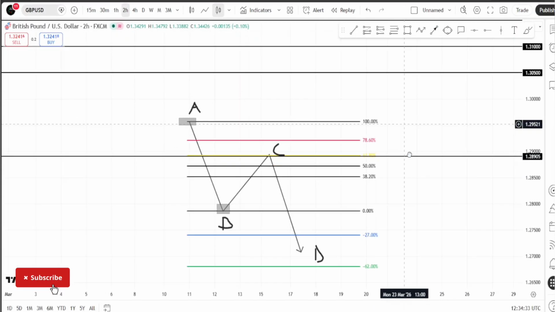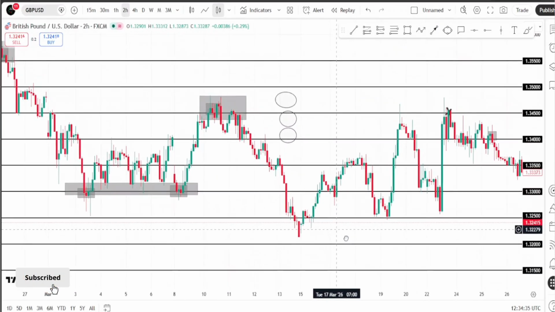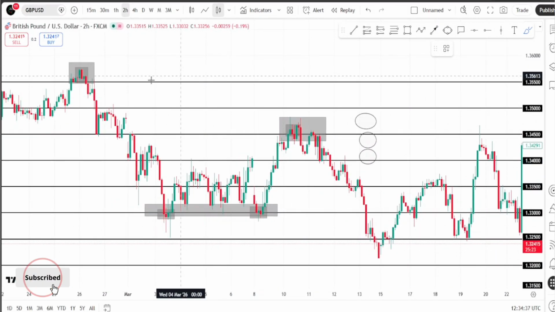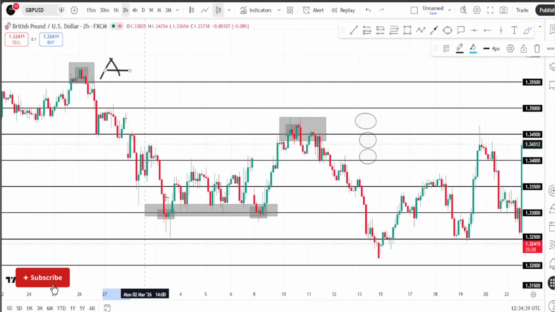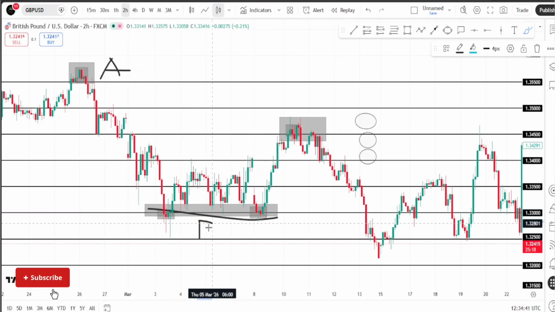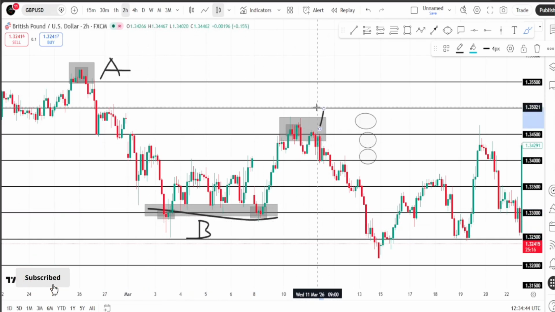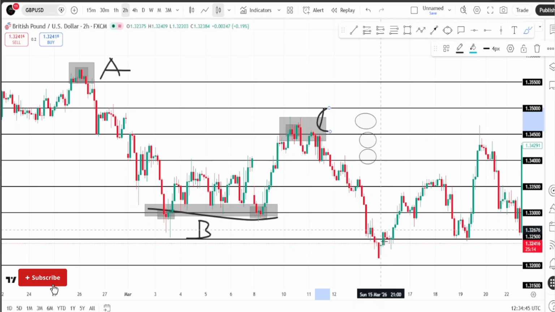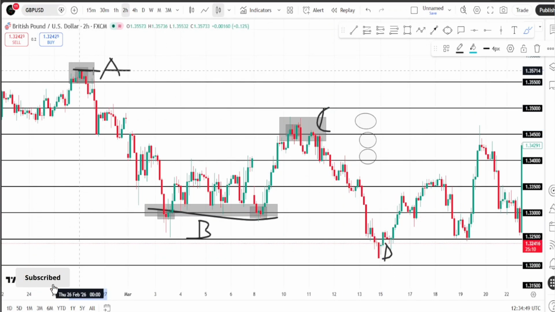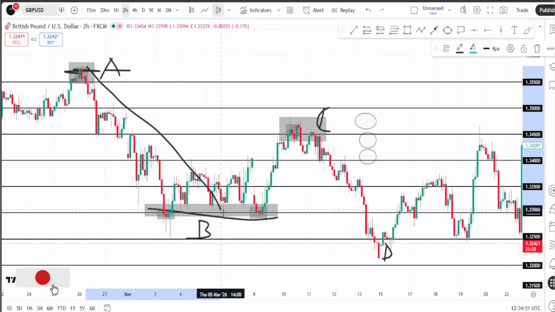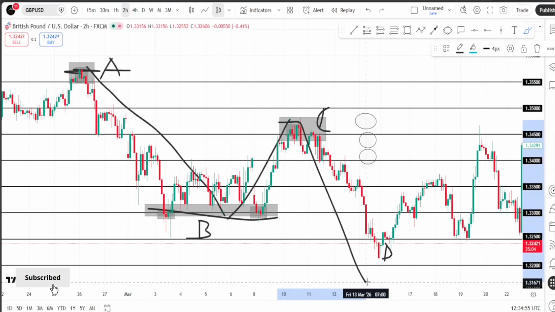The same thing happened around that place I just showed you. This is point A, this whole area becomes point B, and this area becomes point C, and your target will be point D. That is why you put the Fibonacci at point A, extend to point B, and then you see that price will trace to the 61 and then target this one.